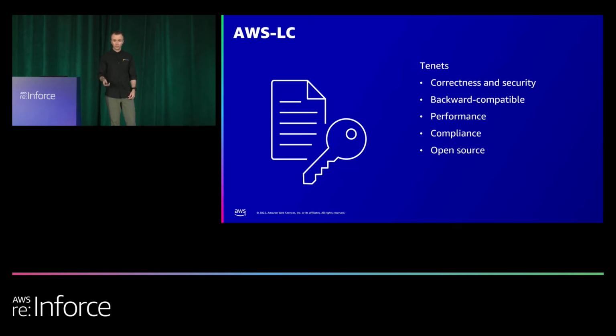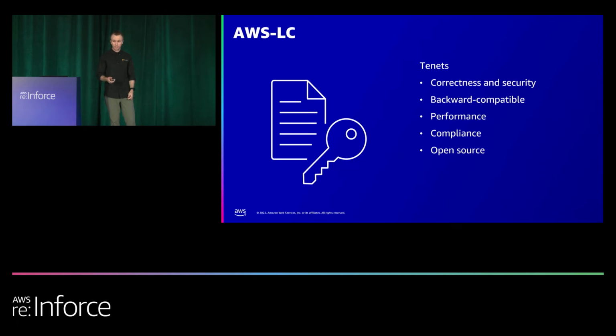Next, most important for us is maintaining backward compatibility. We realize AWS-LC is constantly in motion. We're developing new performance enhancements, new security features, and for our customers and AWS teams to easily adopt those new features, we must make it easy for them to stay up to date. And we do that by maintaining backward compatibility such that we're not breaking customers or other dependencies every build.